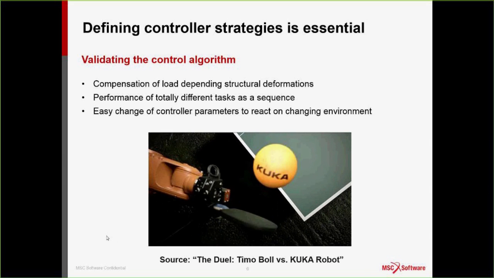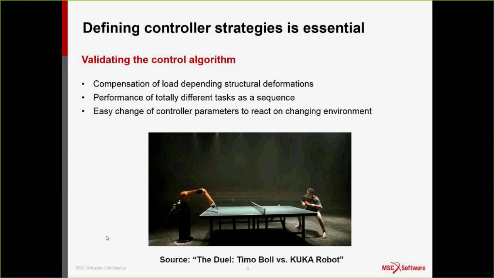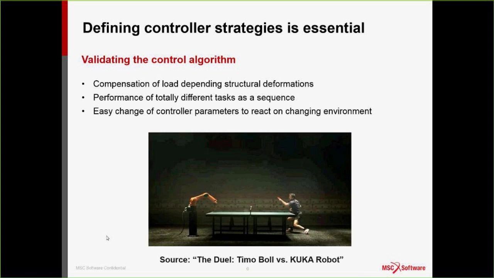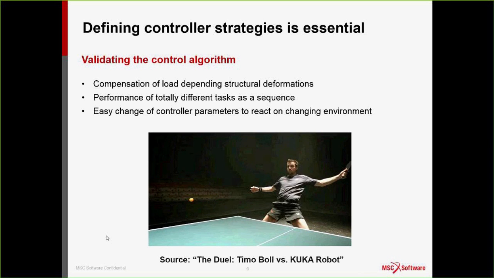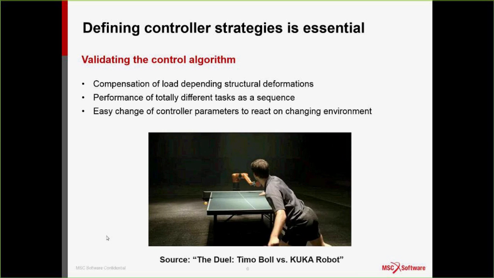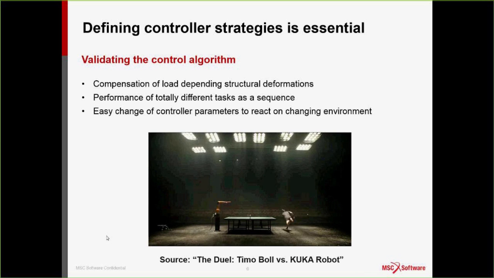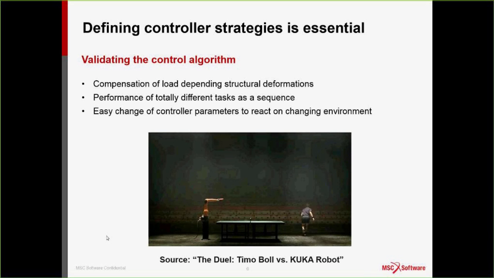control system. There are mainly two types of control algorithms that you can define for a robot. You can either do a predefined trajectory, or you can do a kind of feedback control system. With feedback control, you can actually manipulate the robot based on the changing conditions.